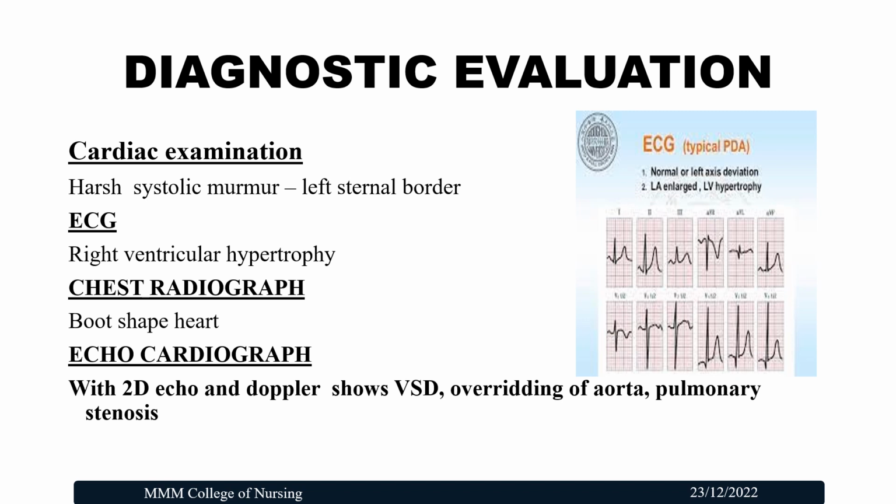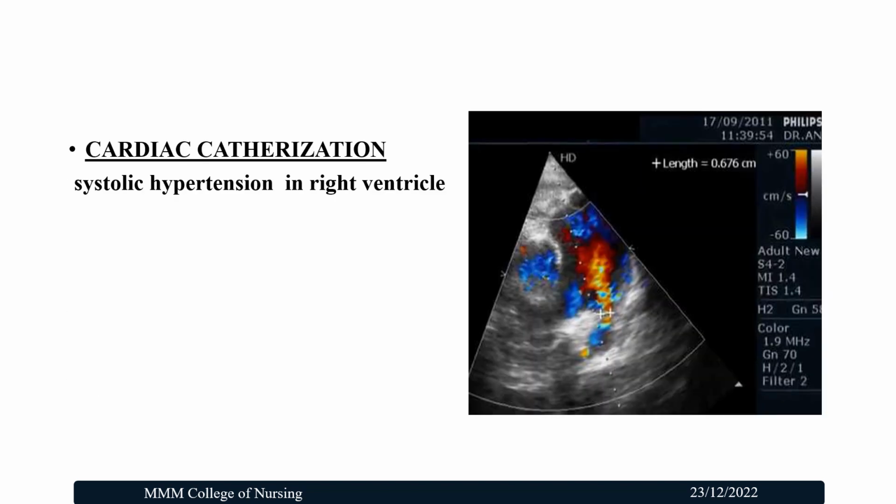Next, in the chest radiograph, that is an X-ray, a boot-shaped heart is seen. In echocardiography, with 2D and Doppler, it shows VSD, that is ventricular septal defect, overriding of the aorta, and pulmonary stenosis. Next, in cardiac catheterization, you can see systolic hypertension in the right ventricle.